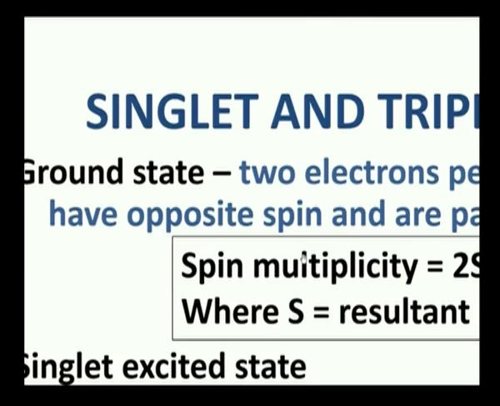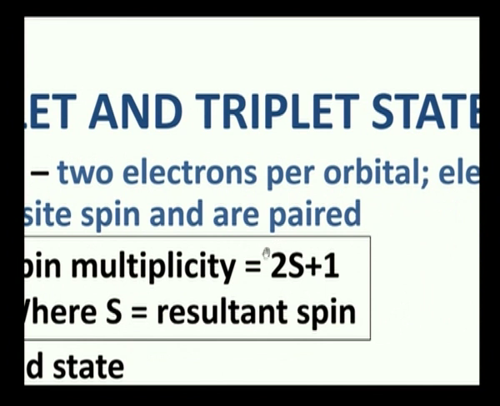Applying this in the equation 2S plus 1, with S equal to 0, the spin multiplicity is equal to 1.